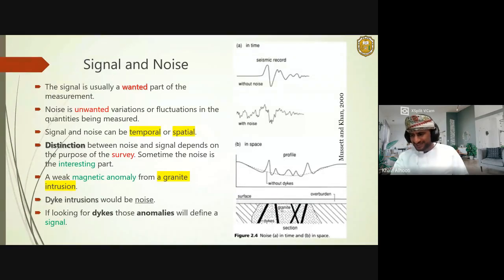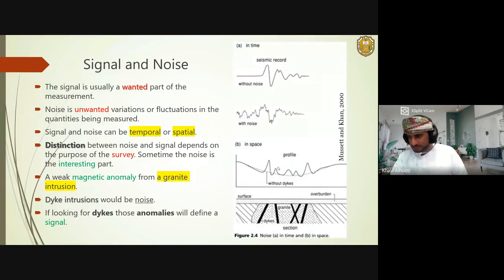So the granite is probably of lower density than the sedimentary layers we see here. So it's creating this broad trend of low anomaly or negative anomaly. That's a negative anomaly. The anomaly can be positive or negative. So I'm having a negative anomaly.